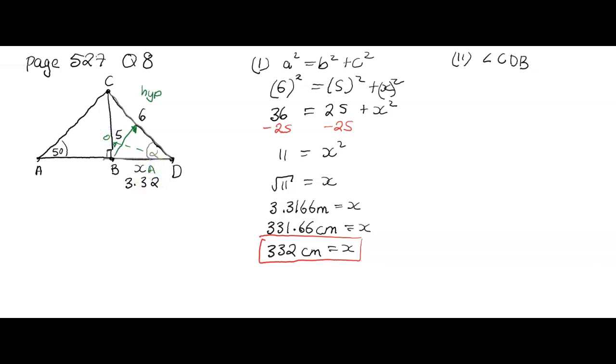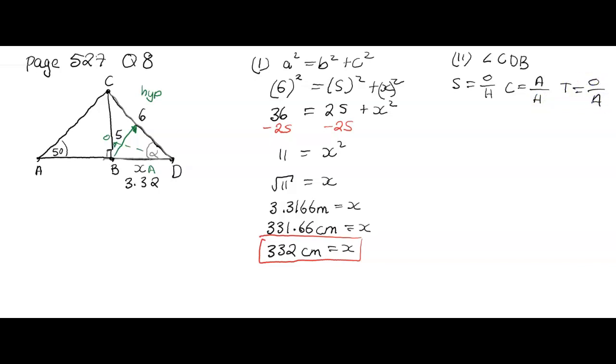Okay, so I know from the sine rule that... sorry, it's not sine rule, it's the sine, cos and tan. So sine is equal to opposite over hypotenuse, cos is equal to adjacent over hypotenuse, and tan is equal to opposite over adjacent.